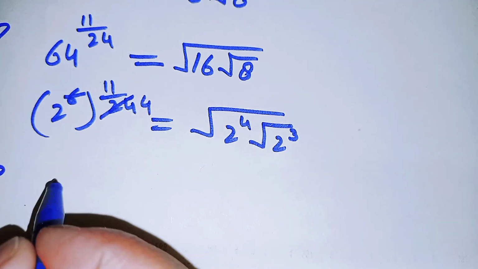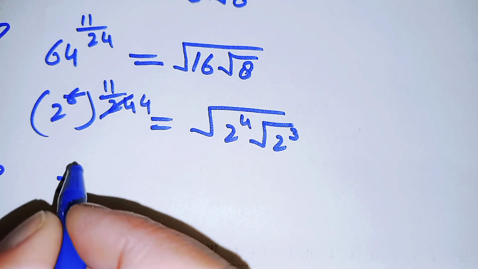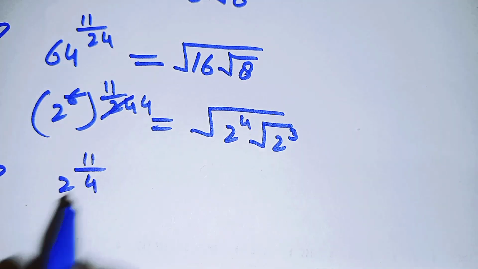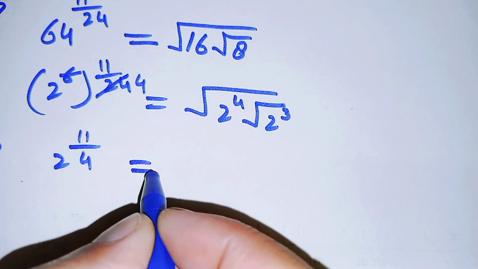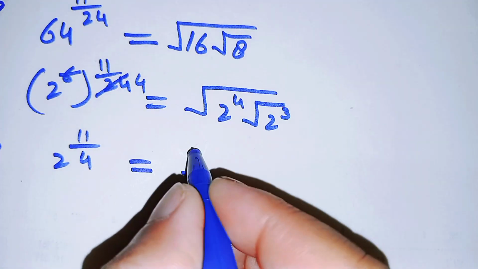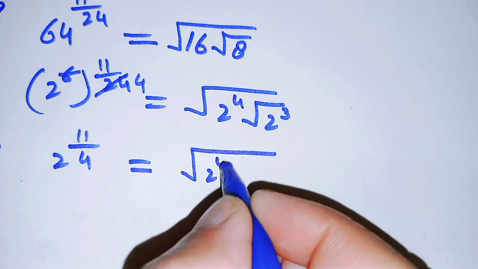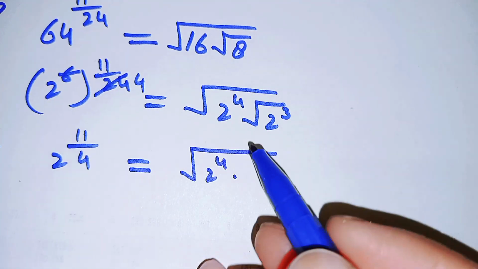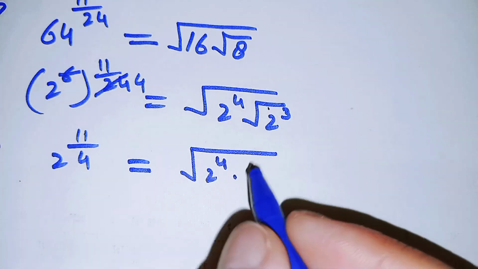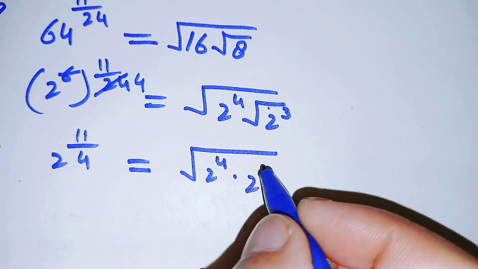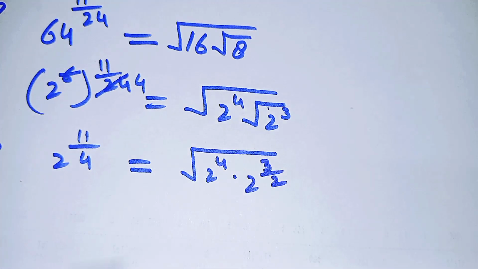So here this 2 to the power of 11 over 4 is equal to square root of this to the power of 4, and then times, and we cancelled out this square root, so it can be written as 2 to the power of 3 over 2.